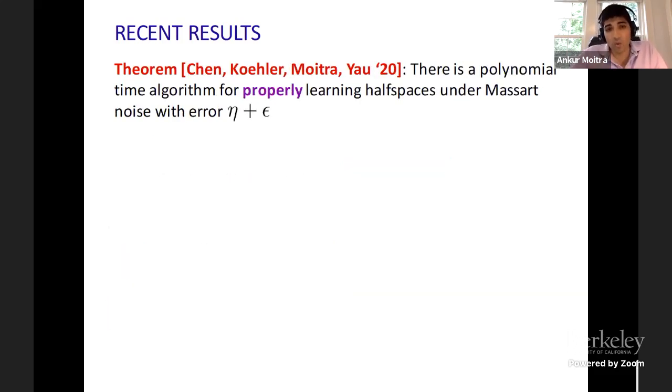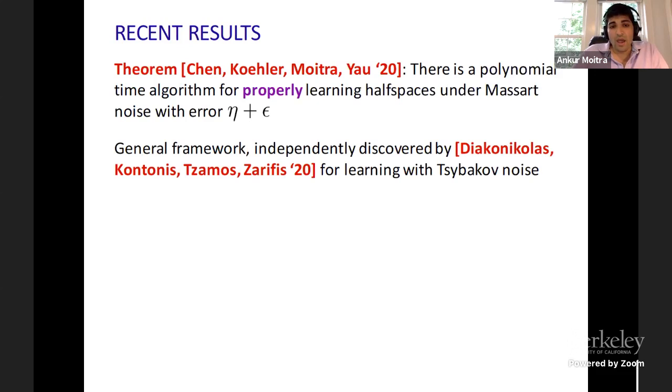In some very recent work, which I'll delve into, we gave a polynomial time algorithm for properly learning half spaces under Massart noise up to the same error eta plus epsilon. What's kind of cool is that the earlier paper of Diakonikolas et al. actually gave a no-go theorem for certain types of frameworks for learning, but we're going to give a general framework for learning under Massart noise that gives you a good conceptual understanding, I think, of how exactly you can cope with things like Massart noise.